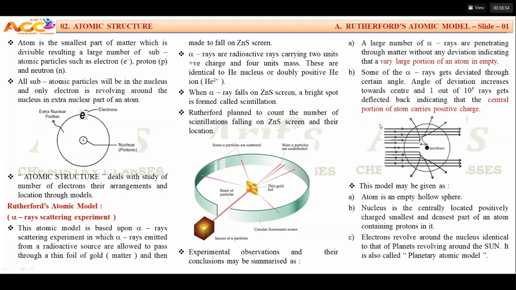If it is losing energy, it will not follow the circular path. See the left column, see the pointer. It will not follow this type of path, but slowly it will come closer and closer. Ultimately, it may collapse into the nucleus following a spiral path.